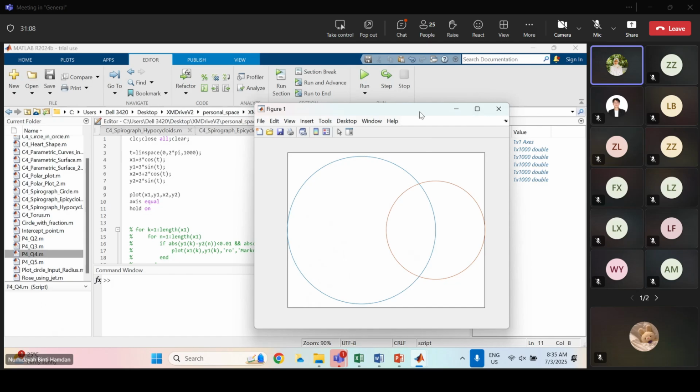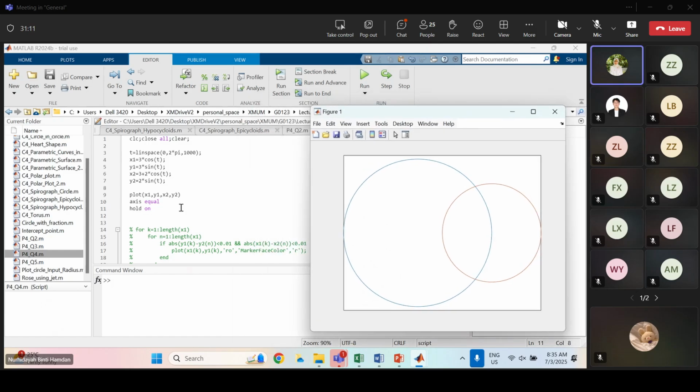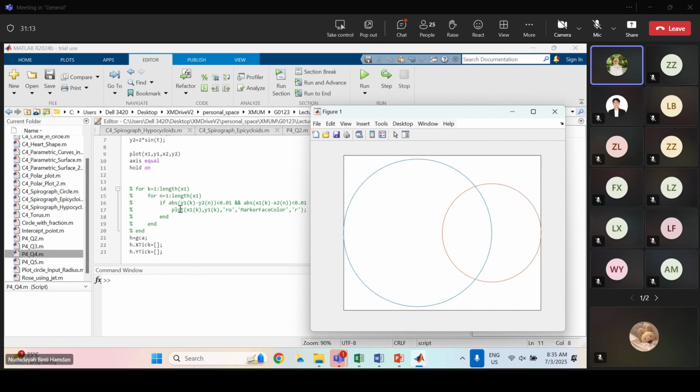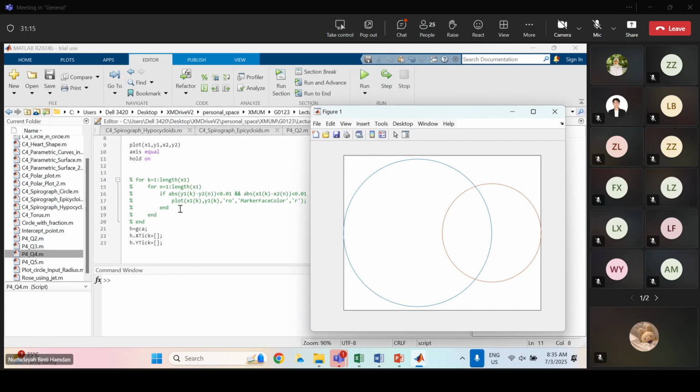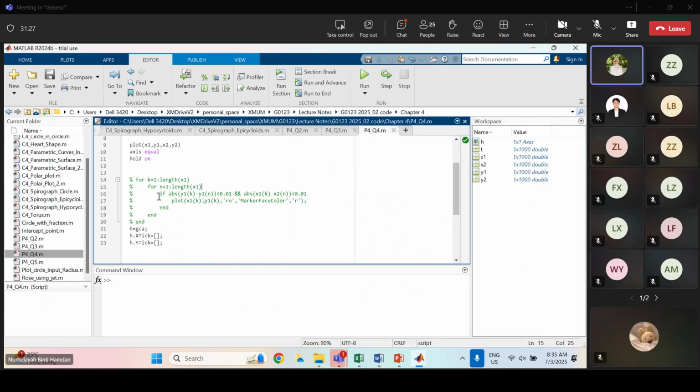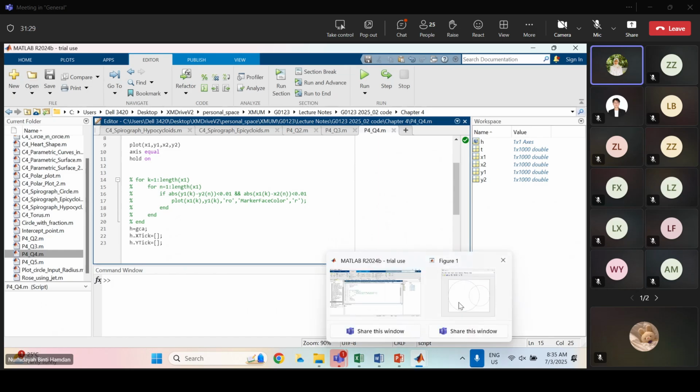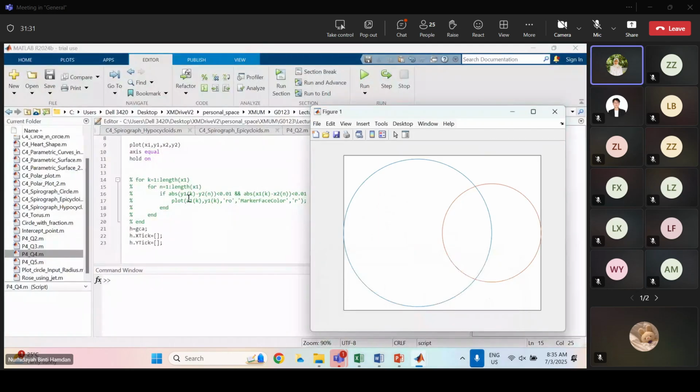So to do this, you have to do the looping. I have prepared for you: for k1 until length of x1. We use x1 as our reference. You can also use x2, but this is the easiest way to do. And for n until length of x1.